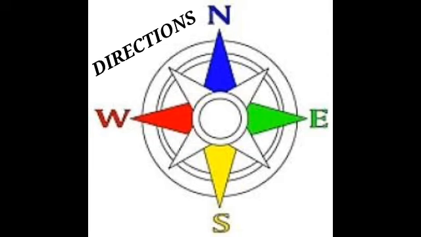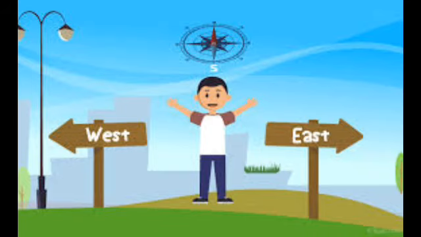Got it? Next, children, we will learn about one of the essential components of a map, that is directions. It is very important to know in which direction you have to go if you want to reach the exact location. There are many ways to find directions. First, facing the rising sun.